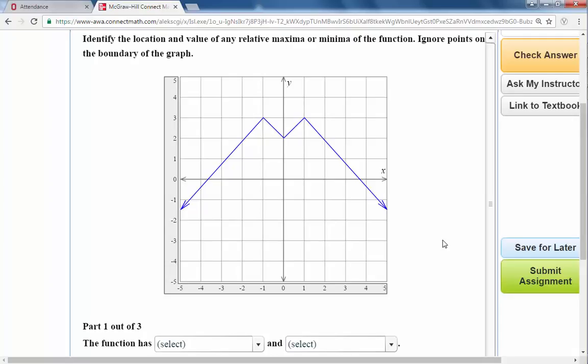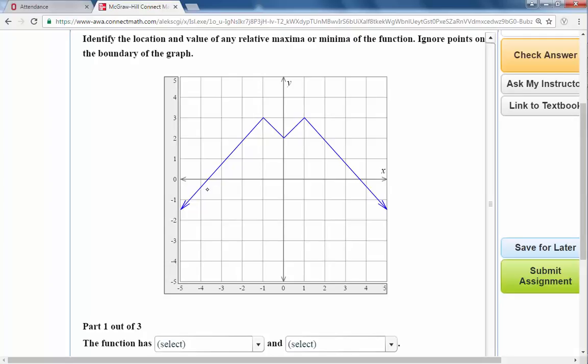Can be more than one. And minimums are if your function takes a dive and turns back up again, makes a U shape or V shape. There on the bottom you have a minimum. So going down and going up, you definitely have a minimum there. If you are going up and suddenly turn down, there is a maximum there.